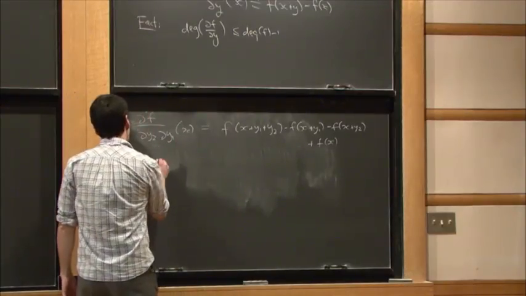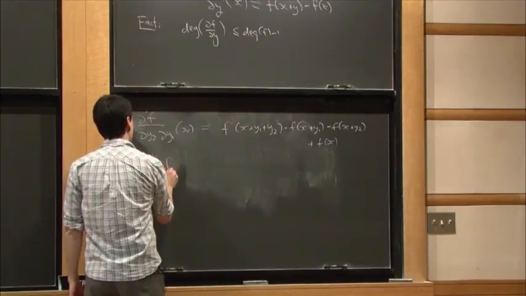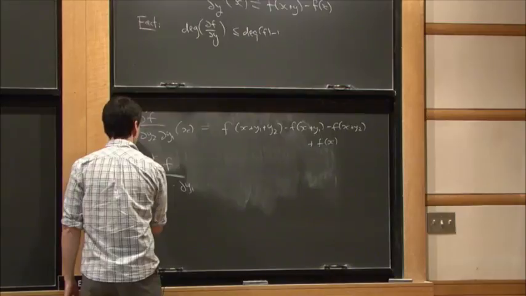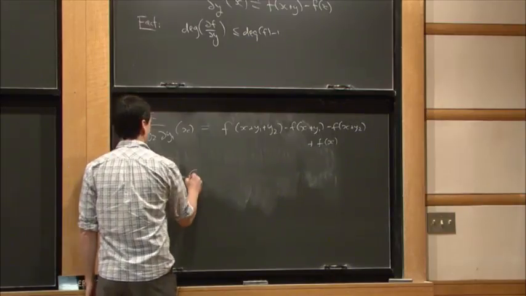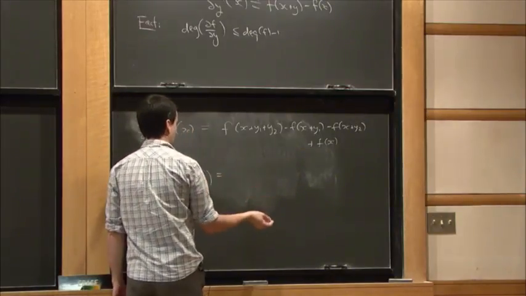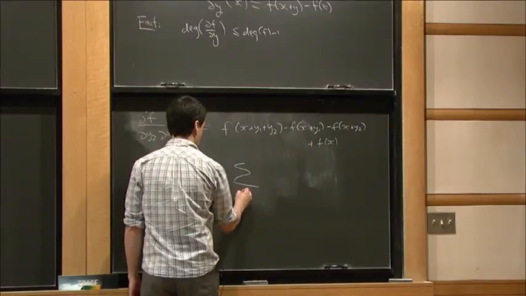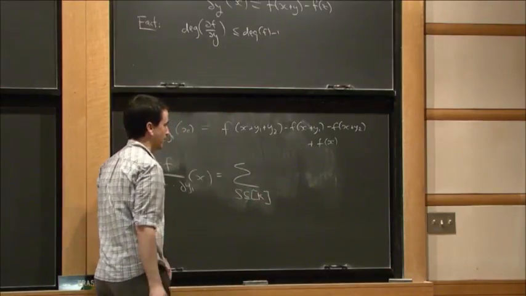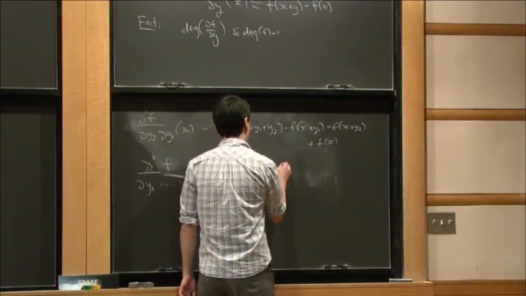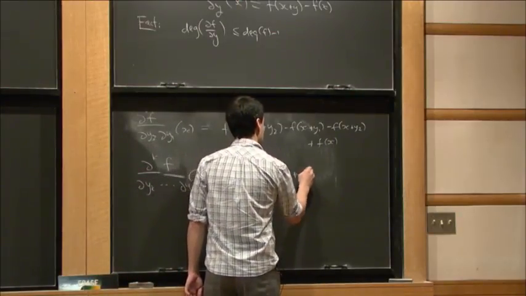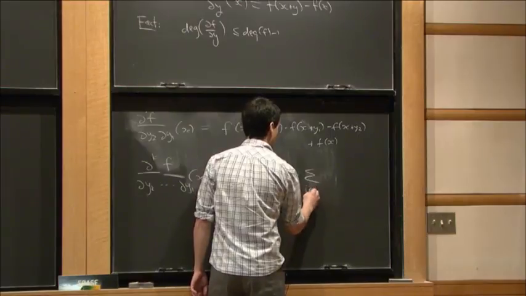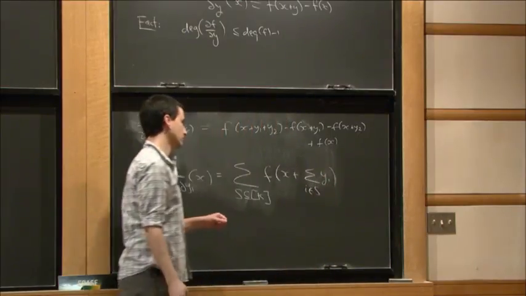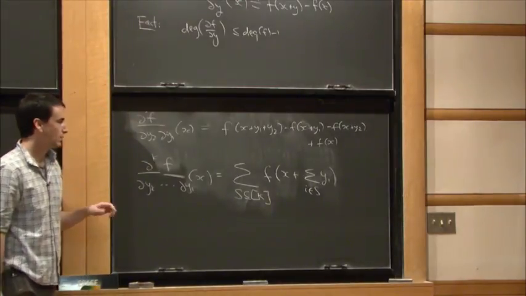If I take the kth derivative of f with respect to y1 up to yk, this will be the sum over all subsets S of the numbers 1 to k of f of x plus the sum over i in S of yi.